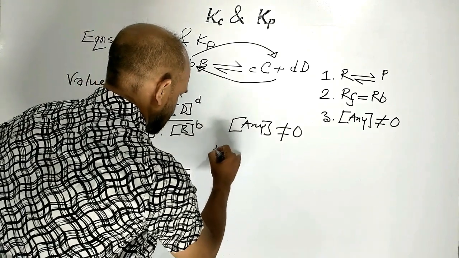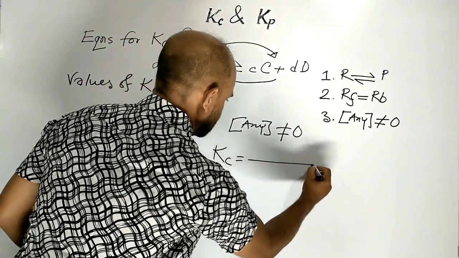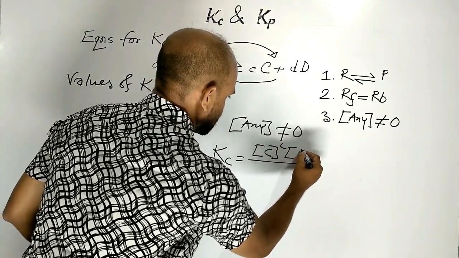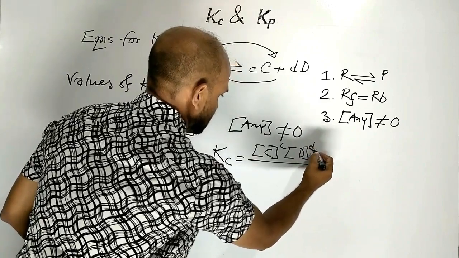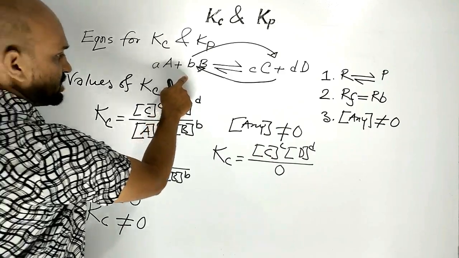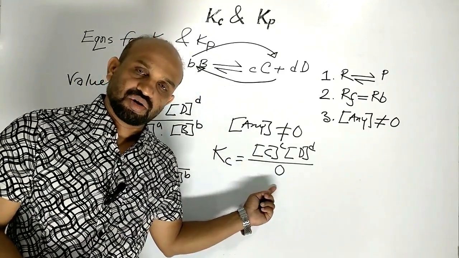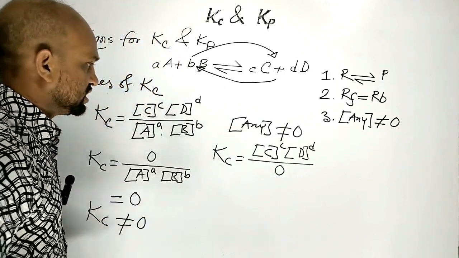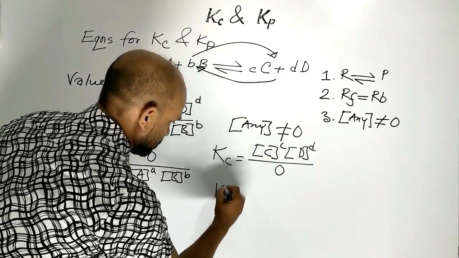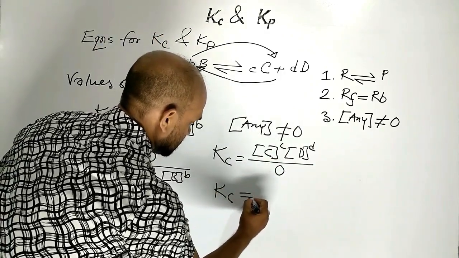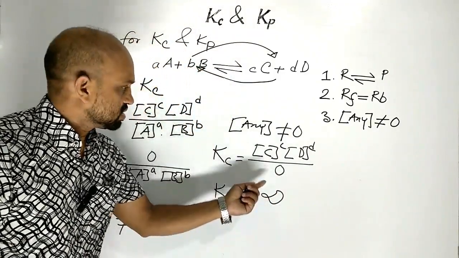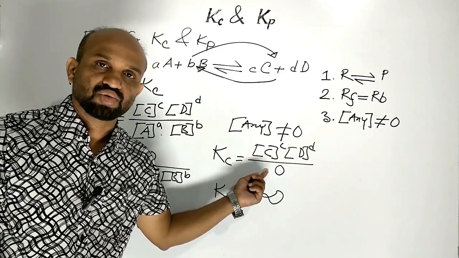Again, Kc is equal to concentration of C into concentration of D, divided by concentration of A into concentration of B. Only when this is a one-way reaction will concentration of reactants be zero. As we know, concentration of any component cannot be zero. So Kc in this case would be infinity if concentration of reactants were zero.